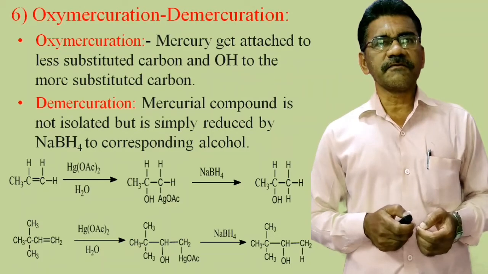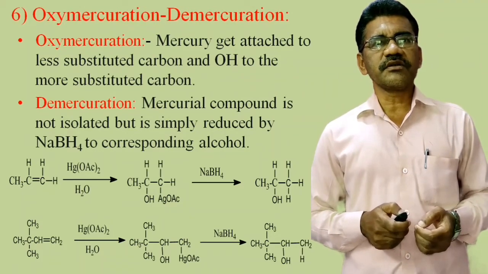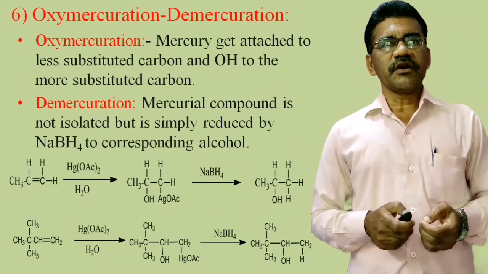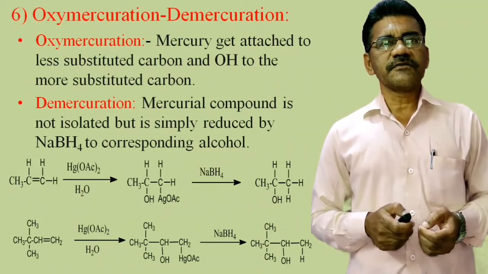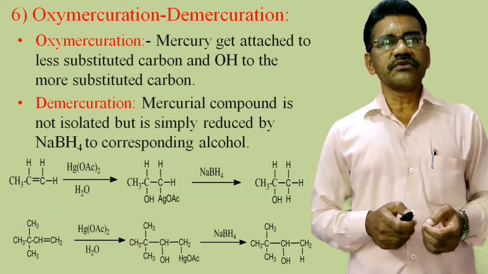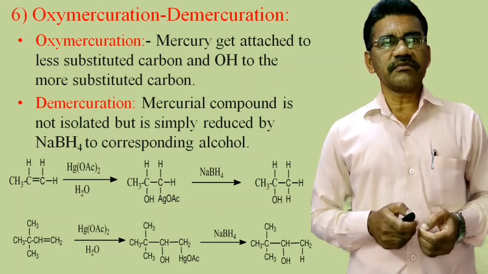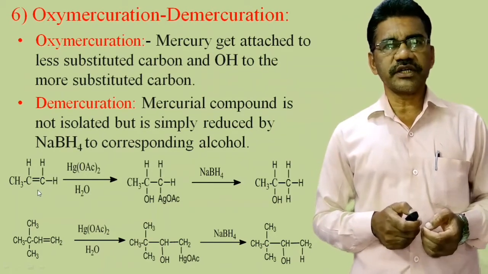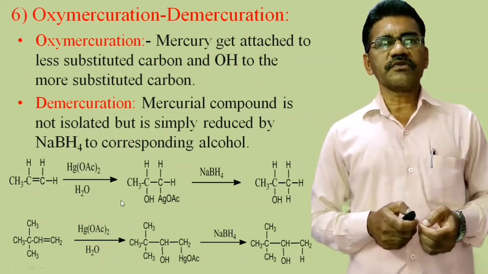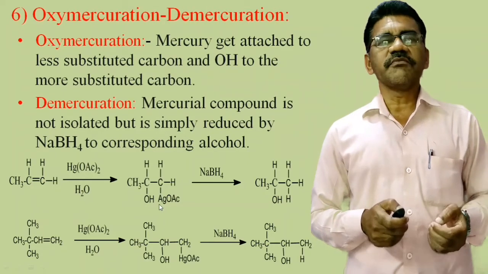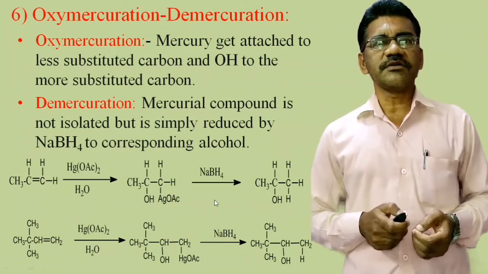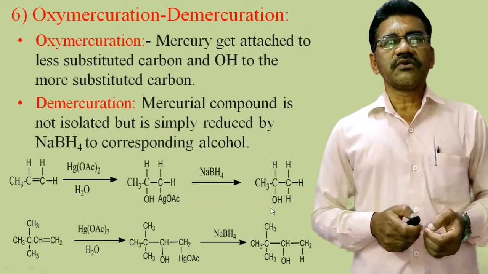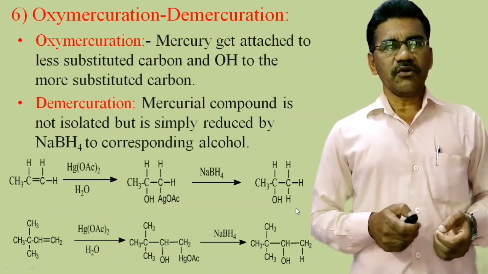Here, these mercury compounds get attached to the less substituted carbon atom, and OH is attached to the more substituted carbon atom, forming mercurial compounds. These mercurial compounds are then reduced by sodium borohydride to produce 2-propanol, that is, alcohol.